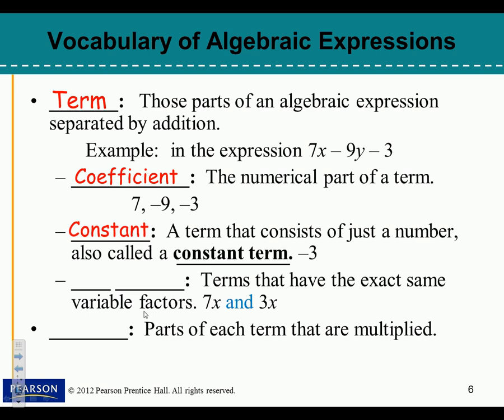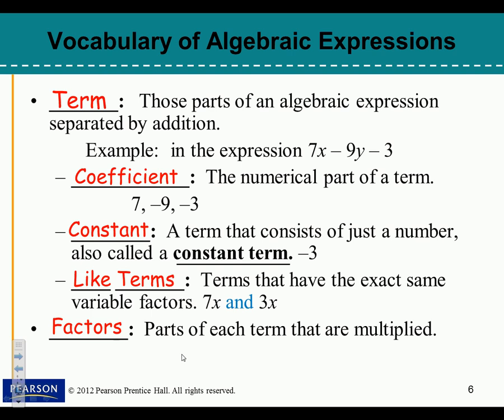And terms that have the exact same variables, with the exact same exponents on them, are called like terms. Now, the parts of each term that are multiplied together are, of course, called the factors. We've talked about that before, that factors are numbers that are multiplied together.